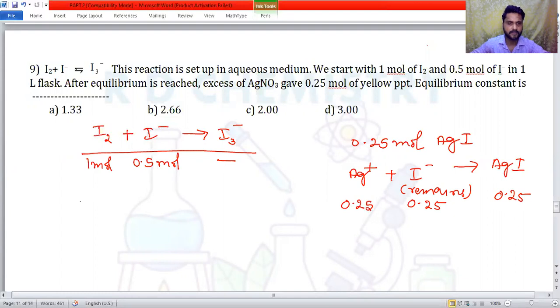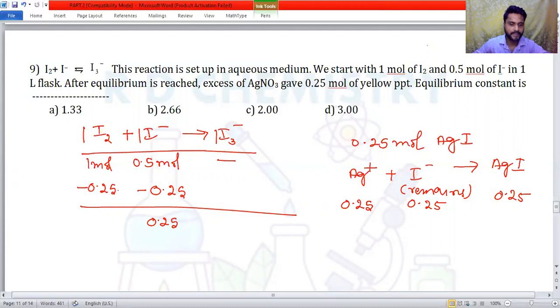which means at equilibrium I have 0.25 mole of I minus remaining. That means here, to get 0.25, I have to deduct 0.25, right? Now in the ratio 1:1:1, so minus 0.25 reacting. How much is formed?